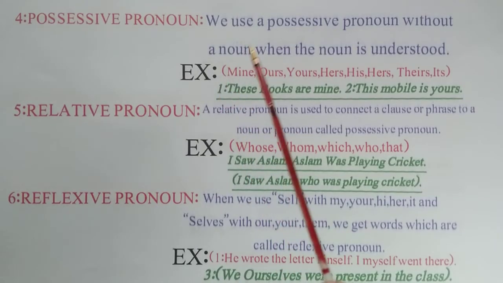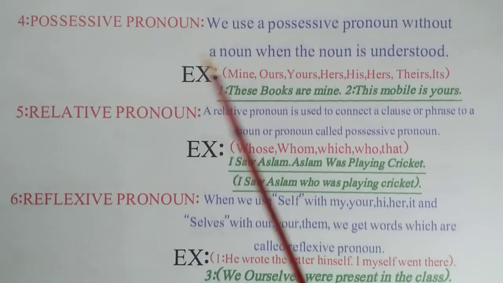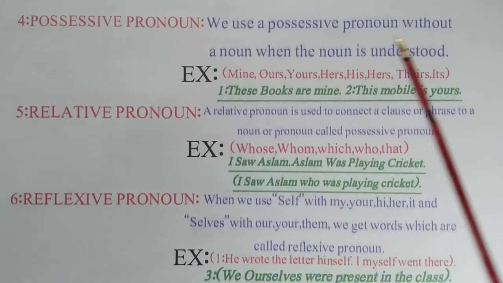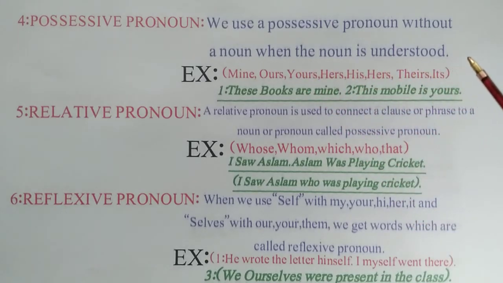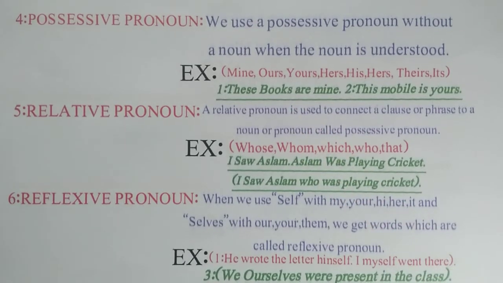On fourth number we have possessive pronoun. We use possessive pronoun without a noun when the noun is understood. When our listener is sure about whom we are talking about, then there is no need to mention the noun, so then we use possessive pronoun.